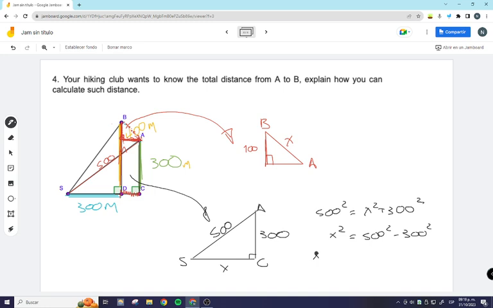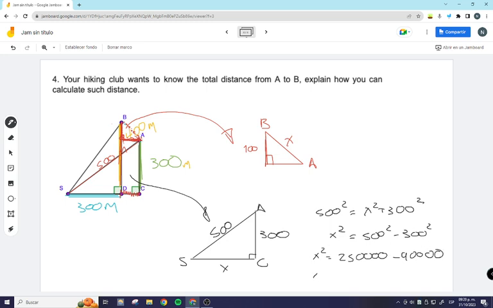So basically, x squared is 250,000 minus 90,000.